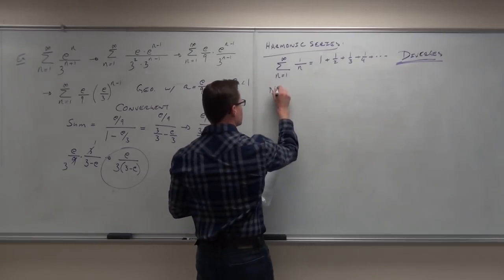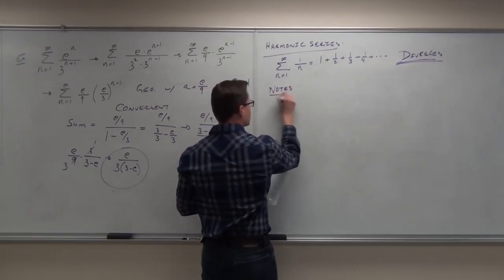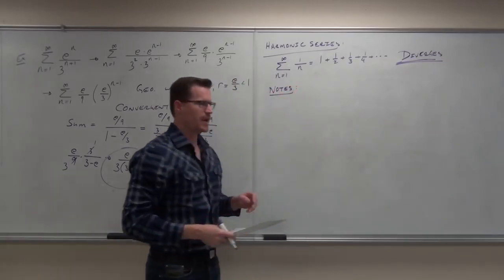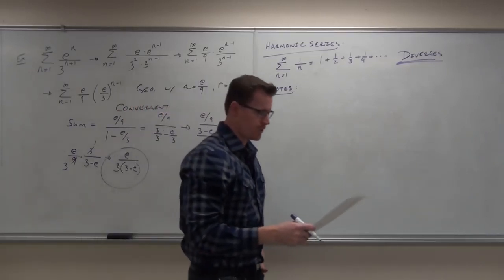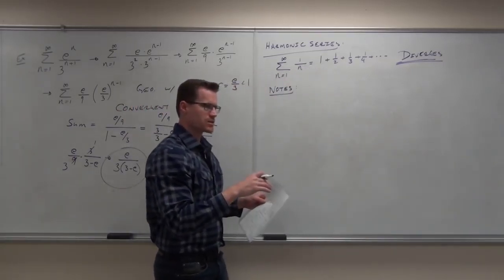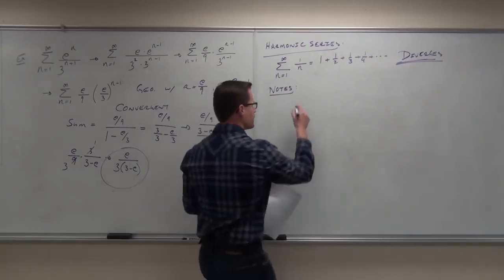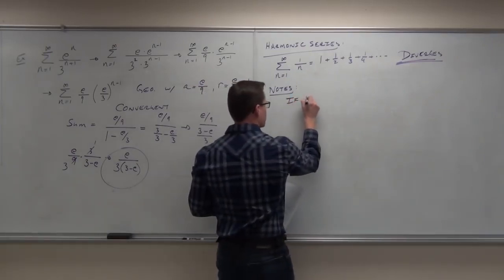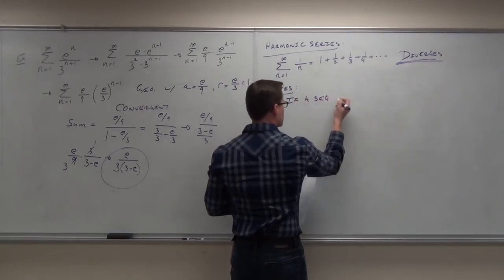Now, there's a couple things we learn out of doing the proof on this thing I'm going to give to you. First one is this. They're very interesting concepts I want you to know. First one is this. If a sequence, we're going back to sequences for a second.